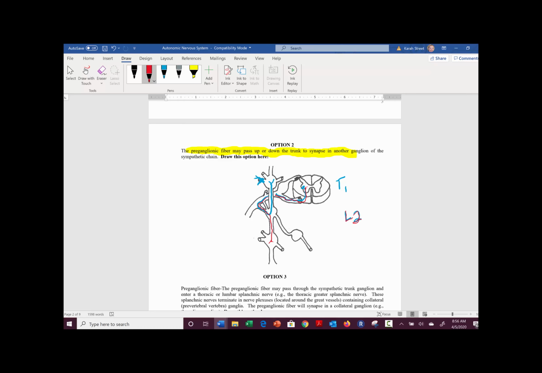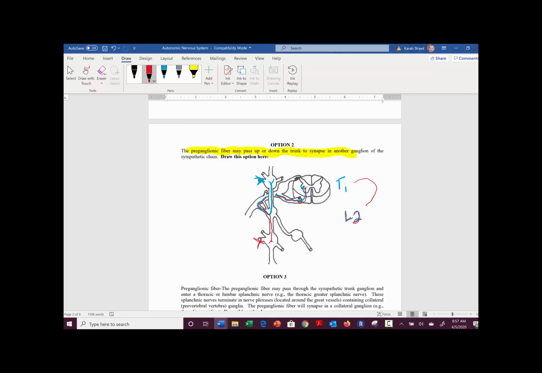And again, for regions lower than L2, we would not have this white ramus communicans. The entrance into the sympathetic trunk is only found where we find white ramus communicans. And those are only at the levels between T1 and L2.